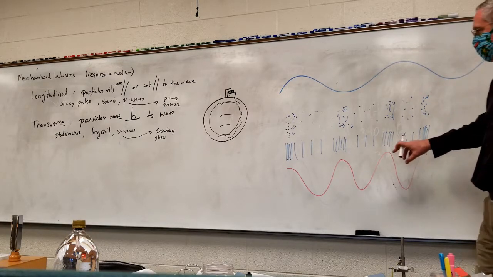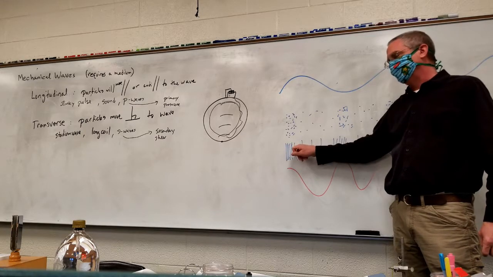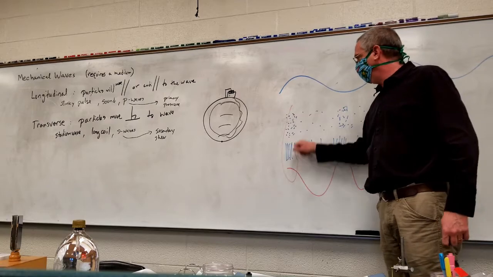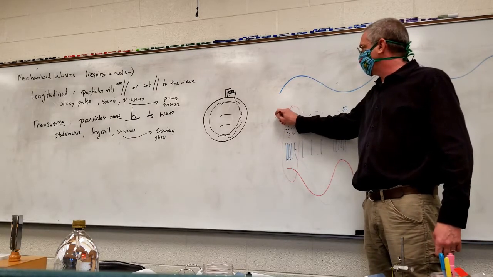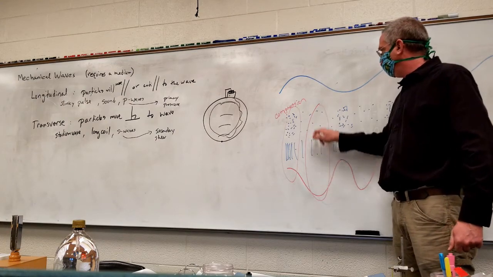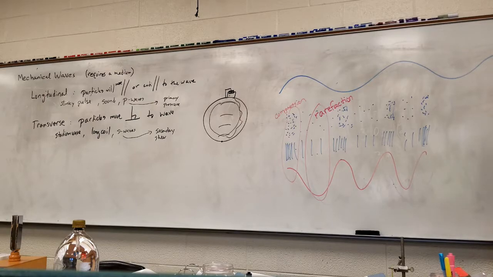It's a representation of where you have high density and low density. These places of high density are known as compression, and the low density as rarefaction.